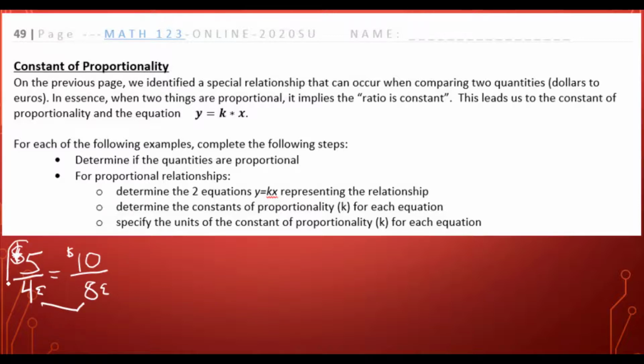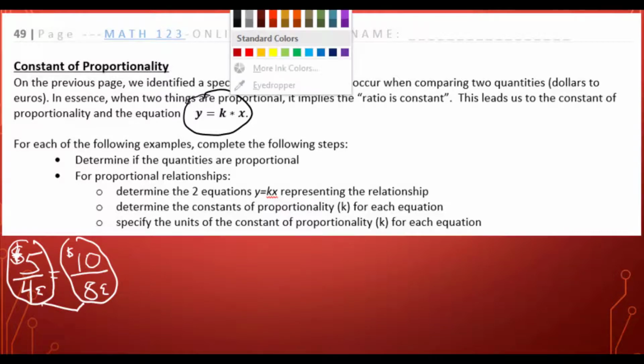So therefore you can take this relationship or this relationship, because they're the same, right? 5 over 4 is the same as 10 over 8, and create an equation of the form y equals kx, which we did, right?